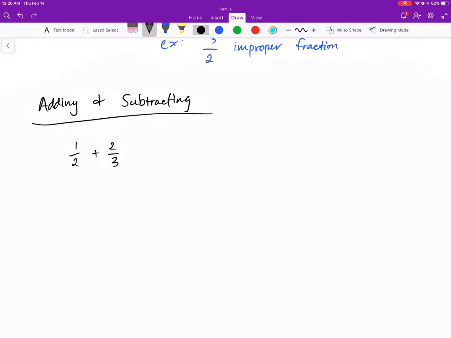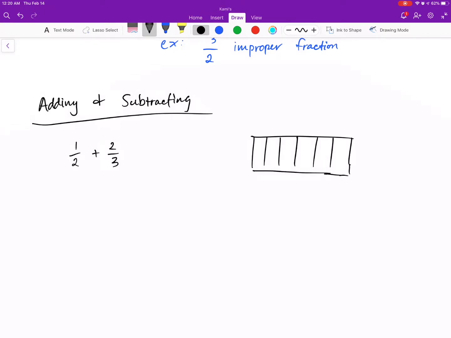If you think about maybe a candy bar, I'm gonna split this up into 6, and you'll see the reason why. Imagine they're all equal.